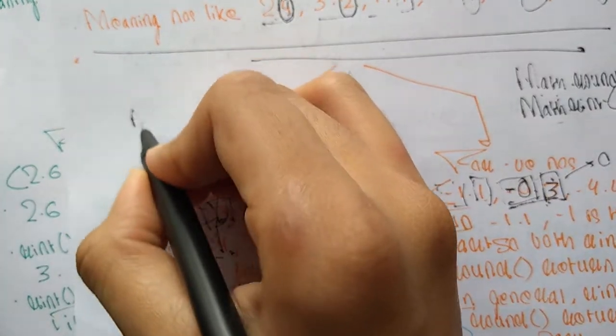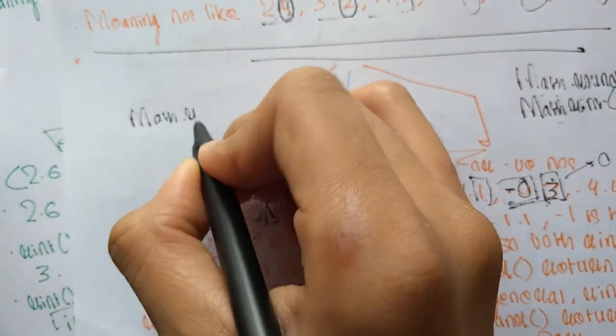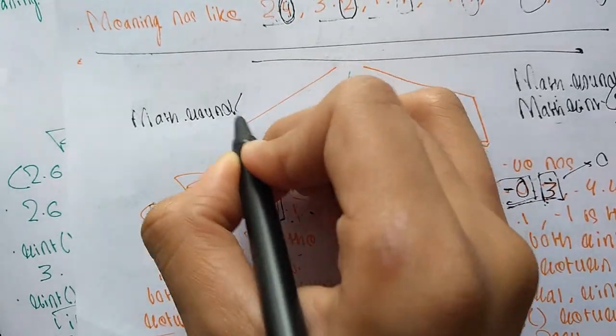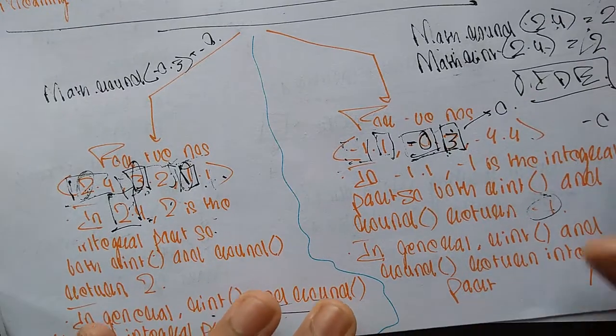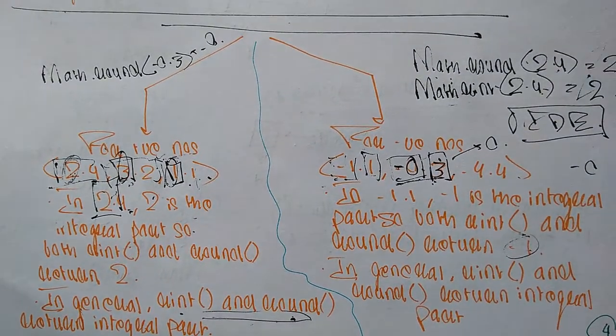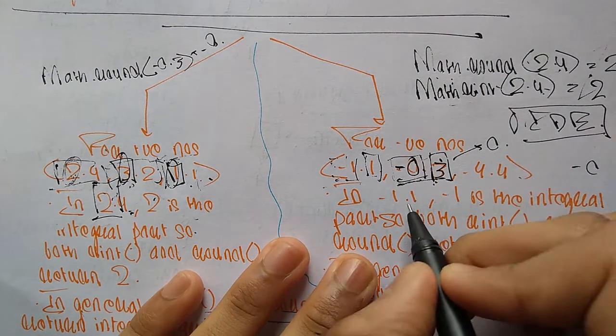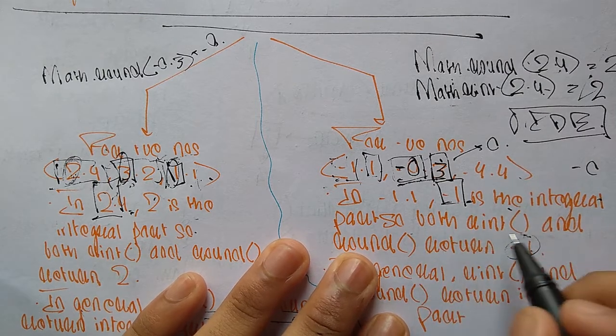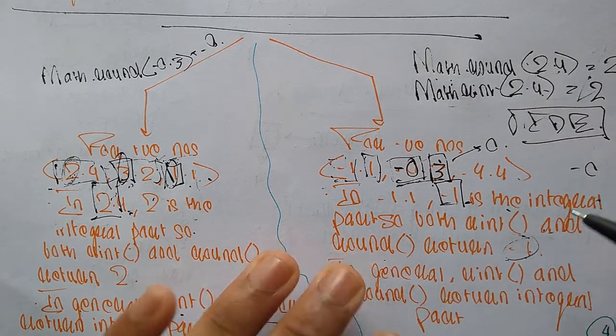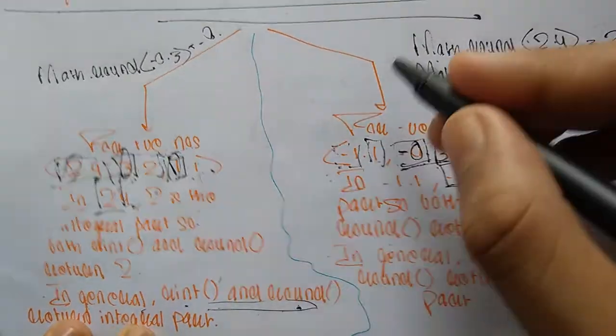So when you are writing Math.round of minus 0.3, it's actually going to return you minus 0, not 0, okay? Minus 0 is defined in Java, correct? So in minus 1.1, minus 1 is the integral part, and rint and round return that integral part, just like in positive numbers.